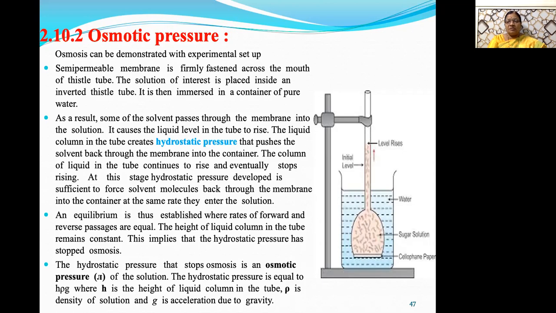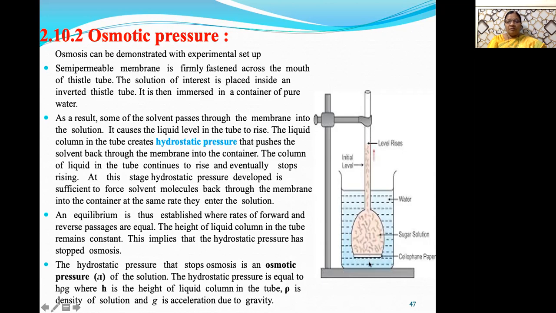Try to understand. Osmosis means what? When solution and solvent are separated by a semi-permeable membrane, the solvent molecules, that is water molecules from the outside container, enter into the sugar solution. As long as this process continues, the liquid level in the tube rises. But this liquid column creates hydrostatic pressure, which tries to push the solvent molecules back into the water in the outer container through this semi-permeable membrane.